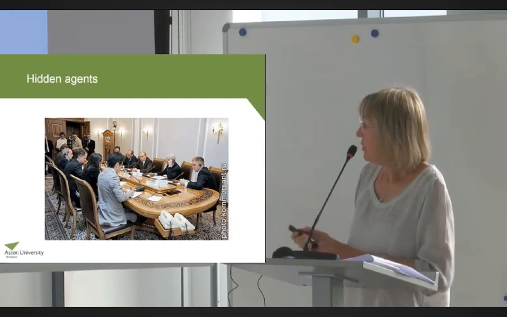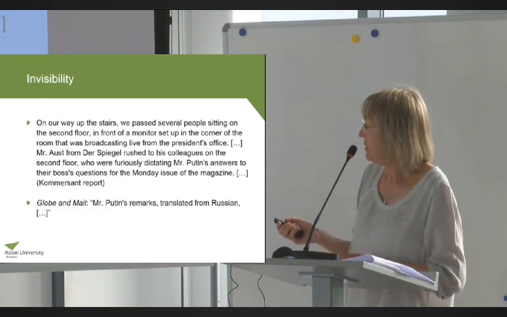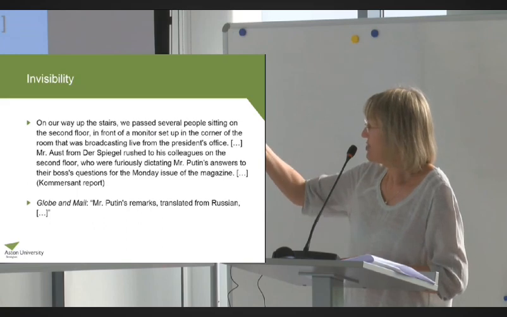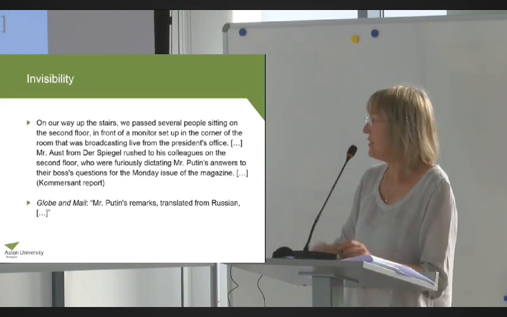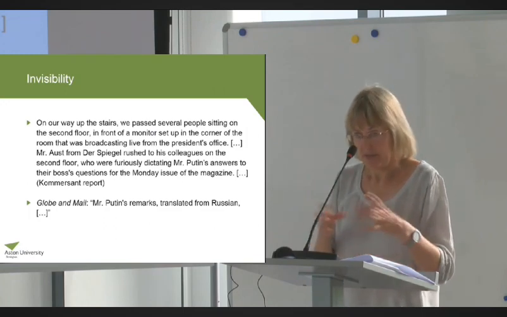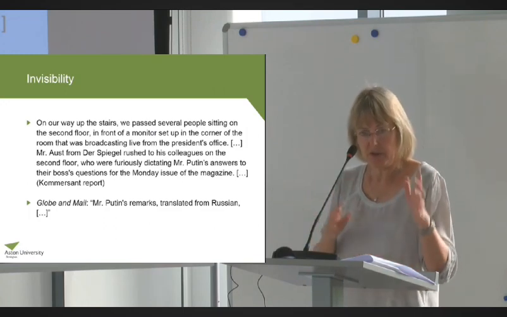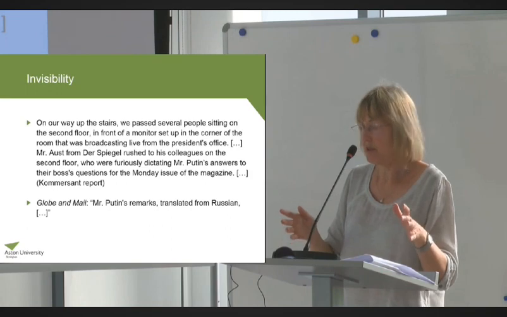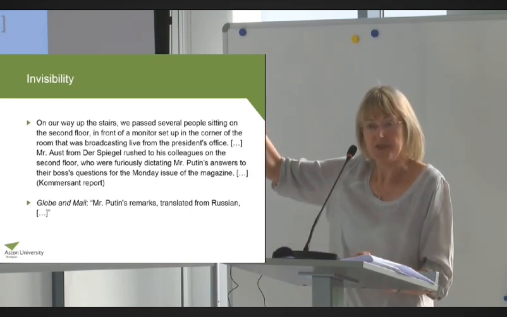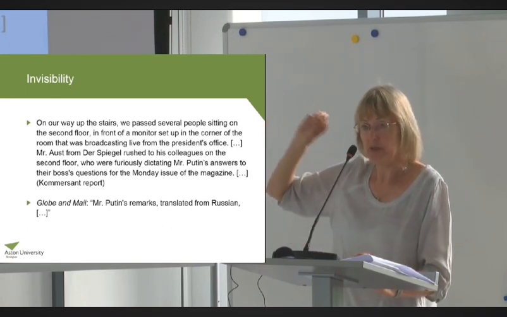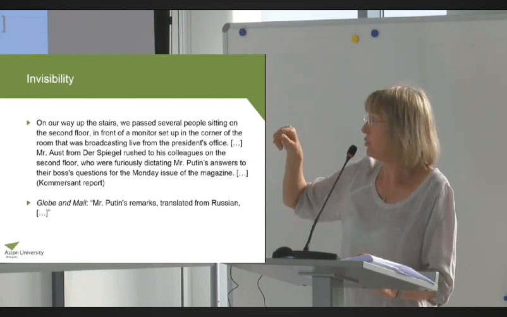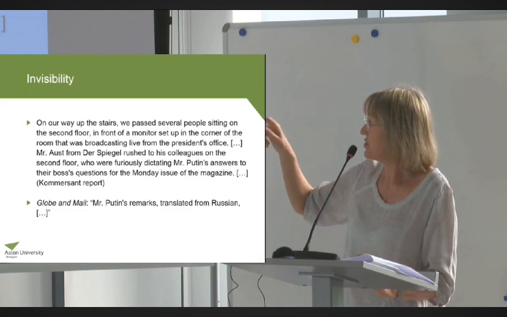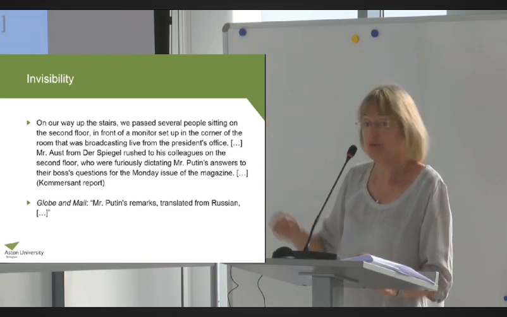There was one article in Kommersant where the journalist who was present told the readers, so there was this dinner in the middle, so the interview was going on, in the middle was the dinner, and when we were walking up the stairs to get to the room where the dinner was served, we passed several people sitting on the second floor in front of a monitor set up in the corner of the room that was broadcasting live from the president's office.